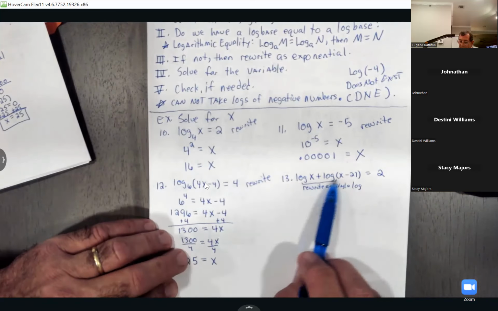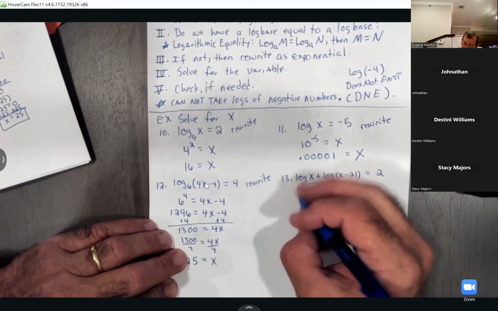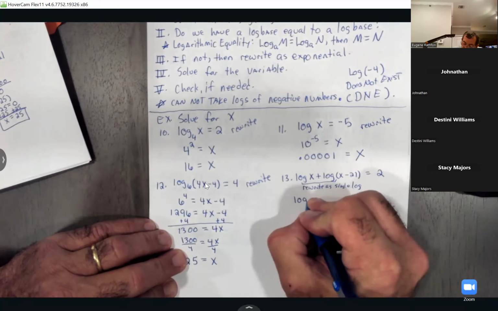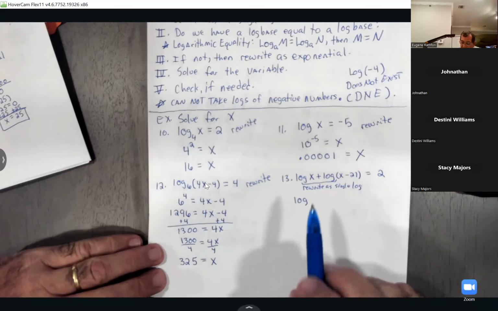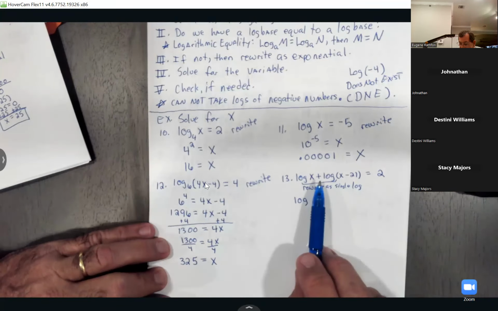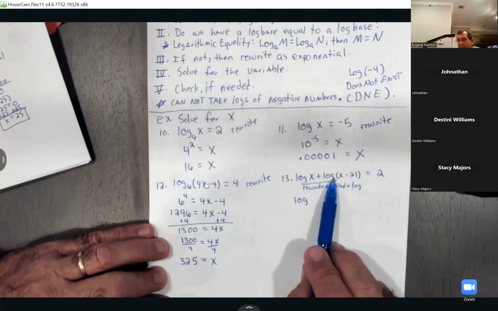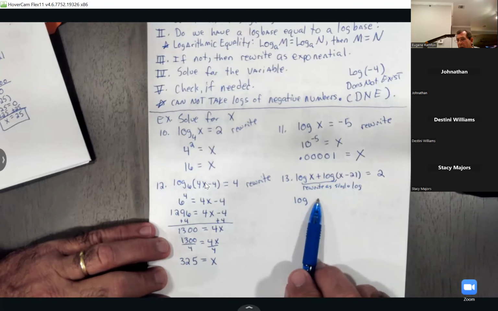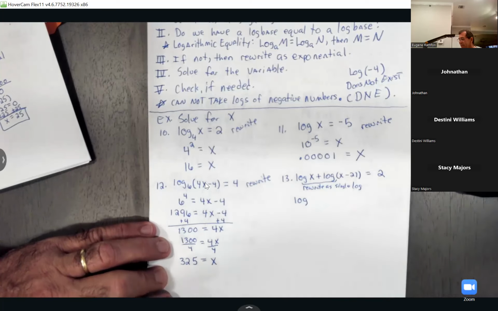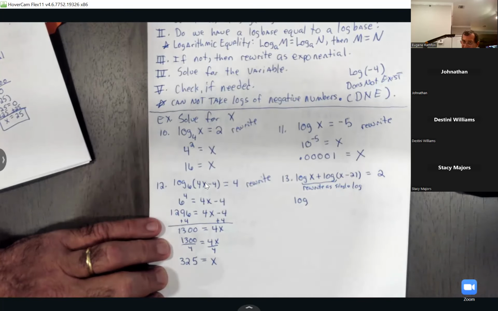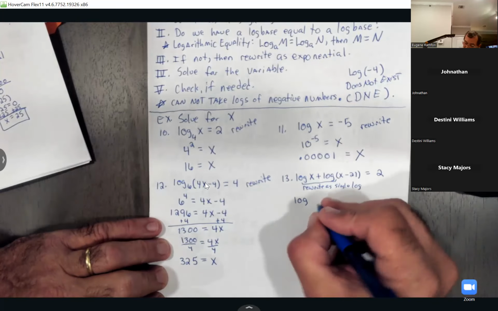So remember, I bring out the log. So y'all, my question to y'all is this. When we did this in the last class, if they were being added, did I rewrite them as a product or did I rewrite them as a quotient like division? Wasn't it product? It was definitely a product.